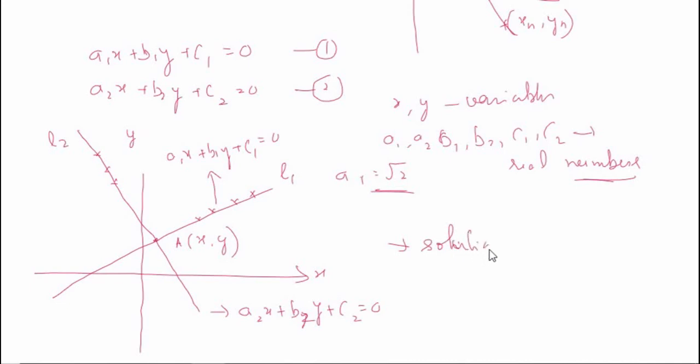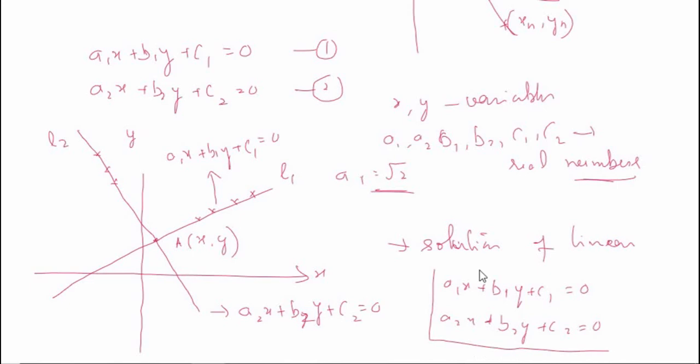So this point A, which is the intersection of lines L1 and L2, is known as the solution of the linear equations in two variables, a1x plus b1y plus c1 equal to 0 and a2x plus b2y plus c2 equal to 0.